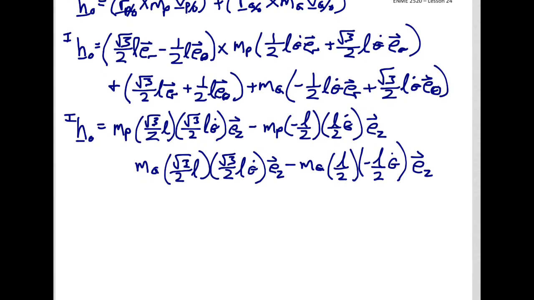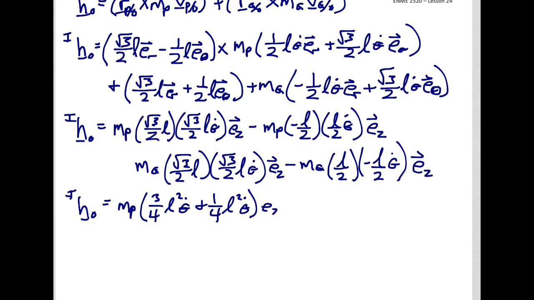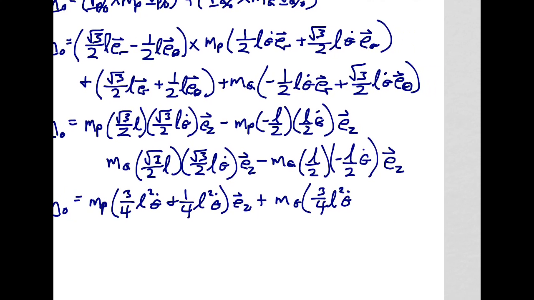And then when we collect our terms, we get MP, and this is 3/4 L squared theta dot plus 1/4 L squared theta dot in the EZ direction, and this is plus MQ, and it's 3/4 L squared theta dot plus 1/4 L squared theta dot.